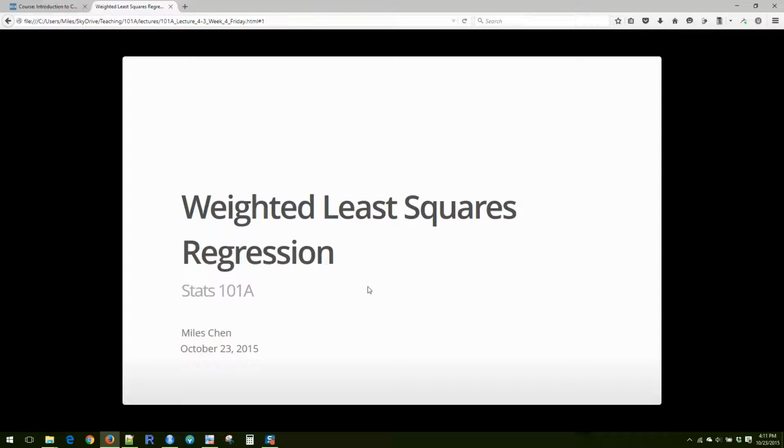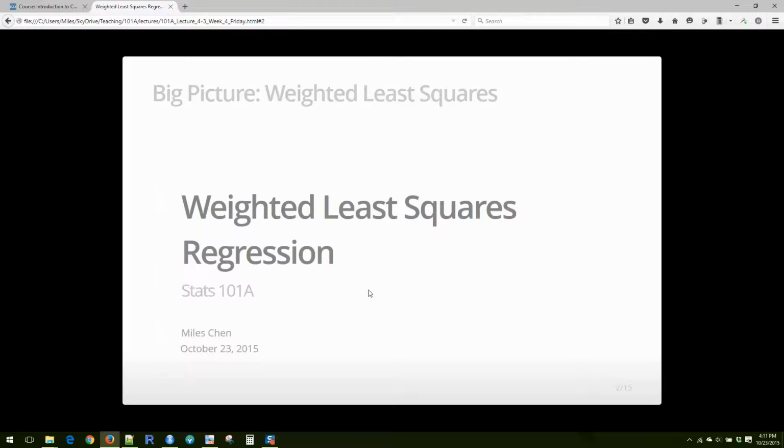All right, so today we're going to talk about weighted least squares regression. When I was in undergrad and we learned regression and weighted least squares regression, it felt very mysterious to me, but it's not that mysterious, okay?